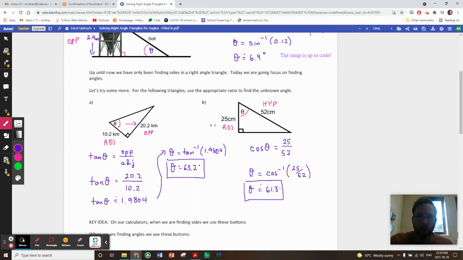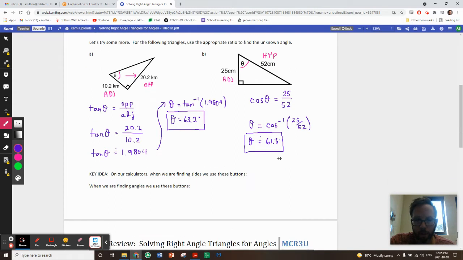And as I mentioned, my way isn't the only way of doing things. If you have a slightly different technique or style that shows the same work from your previous course, that is fine. So just remember, when you're finding sides, in our last lesson, you use the sine button, the cosine button, the tan button.